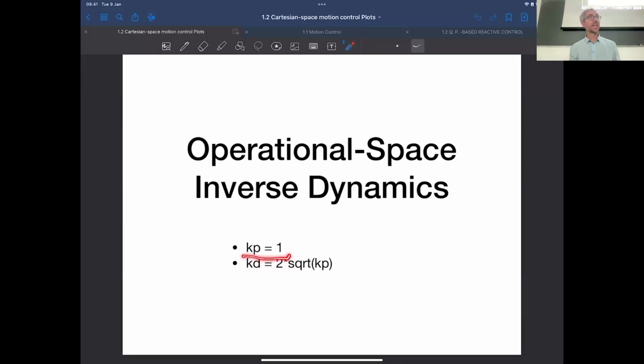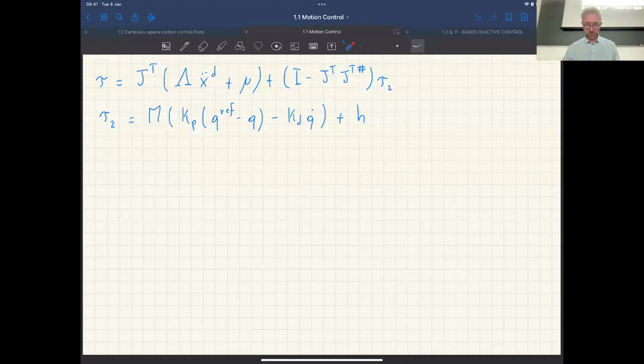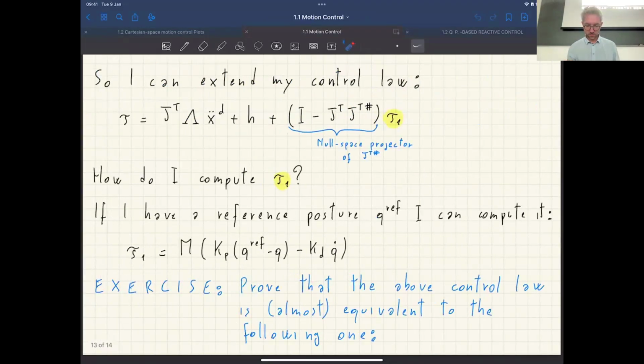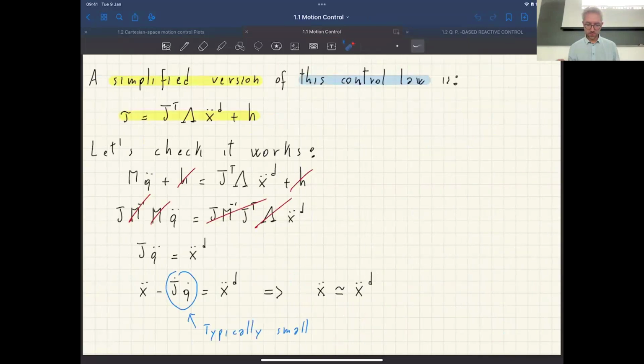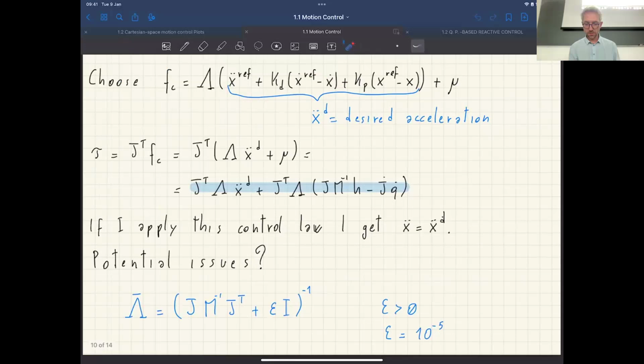The focus here is on the gains that I use for tuning the controller. You remember in the motion control law, we have this term here, which defines the desired accelerations for the end effector of the robot. And those accelerations are computed based on feedback. We have proportional feedback and derivative feedback, PD.